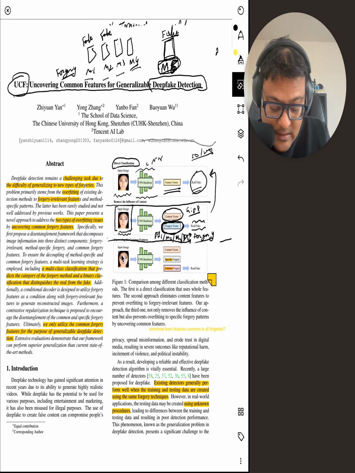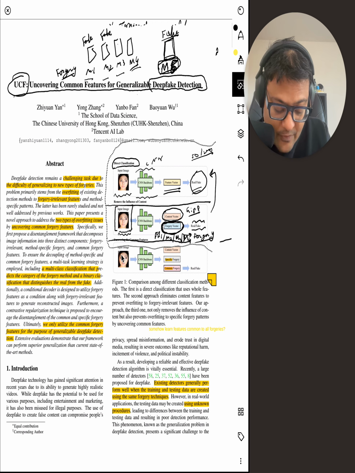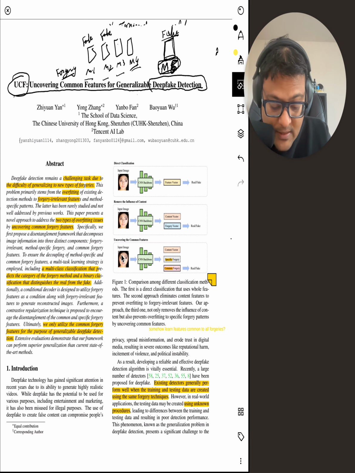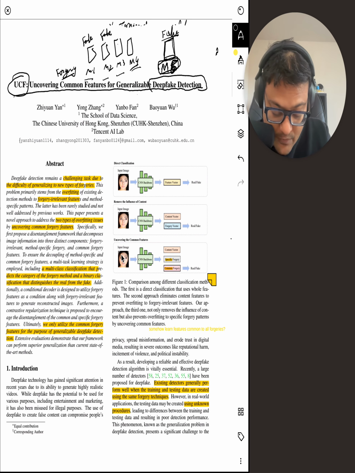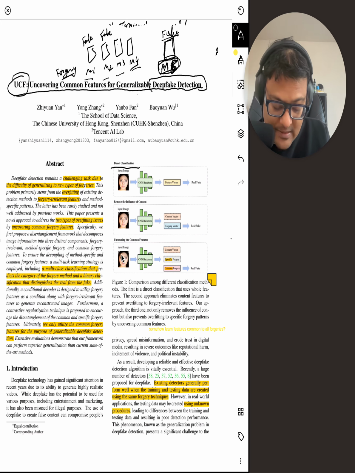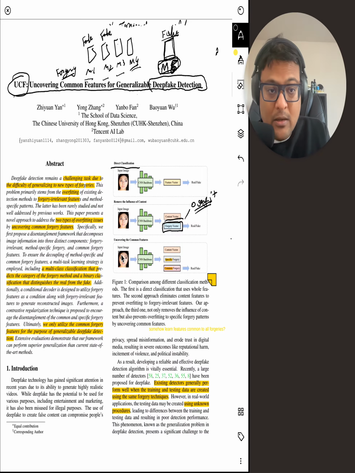So these are the two types of contemporary approaches which have been done in this field. One is naive classification, which the authors call direct classification, and the other is where you actually try to disentangle the content features from the forgery features. But in this case, the forgery features overfit to only the models which generated the fake images during training.